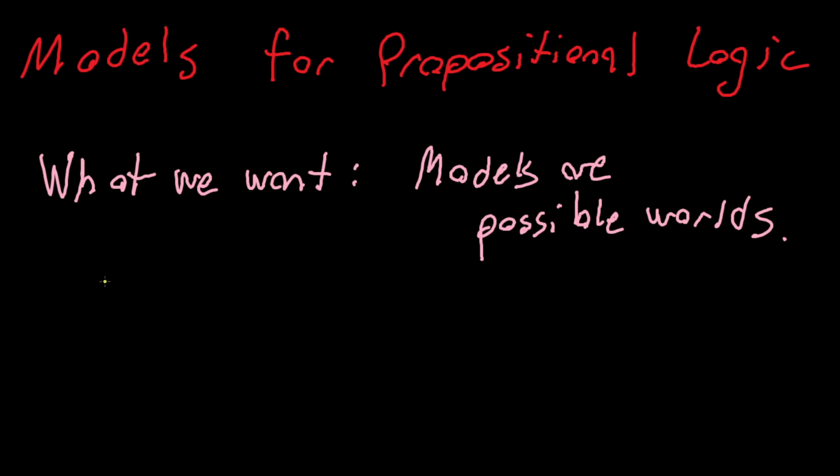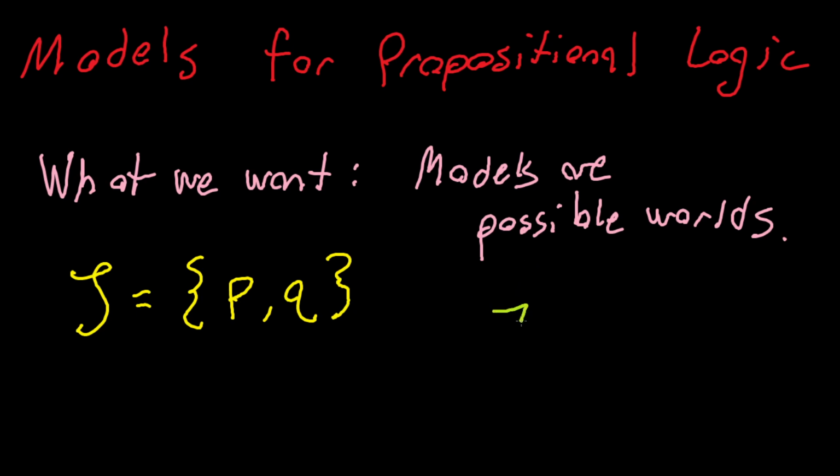So remember, syntactically in propositional logic, I'll have my set of sentence symbols, maybe P and Q. I like using them; they're easy, right? And so we might have sentences, for instance, like this one: not P or P. Of course, this sentence is always true, regardless of the value of P. It doesn't matter if P is actually true or false, this sentence will be true.